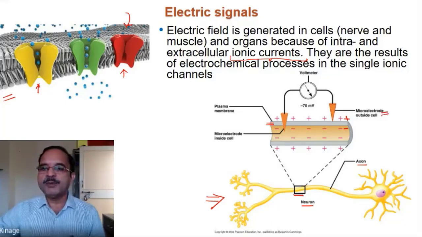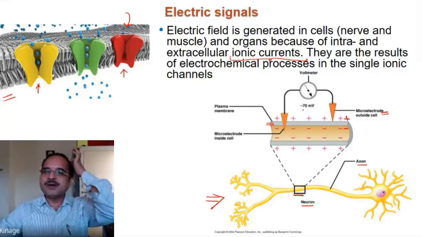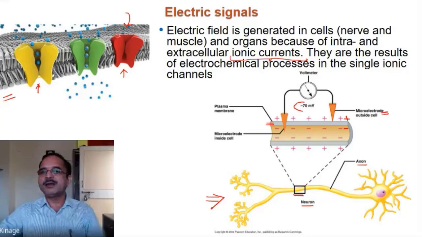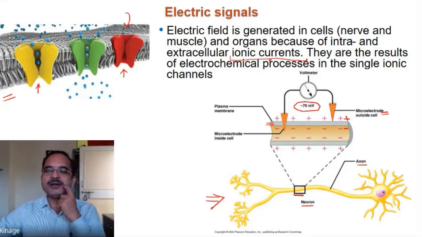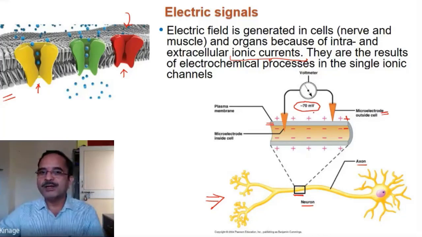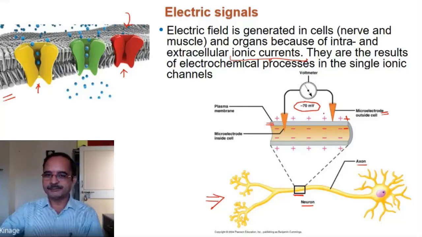So normally this potential is minus 70 millivolt under resting state. Sorry, not volt, minus 70 millivolt. That means the inside of our cell is negative with respect to outside, and that potential is minus 70 millivolt.